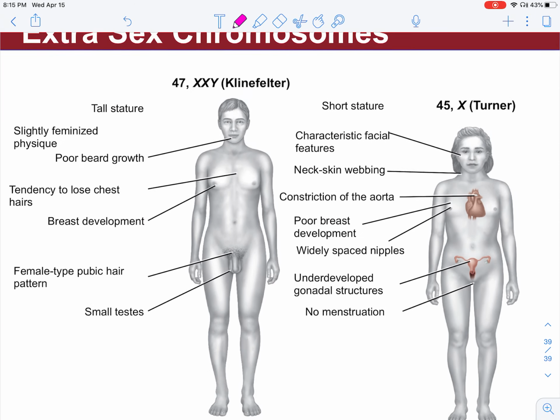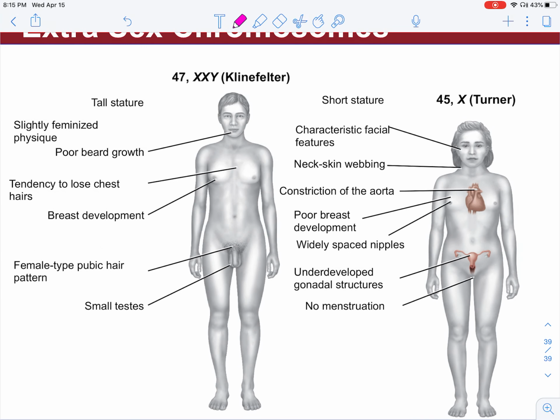And then looking at having extra sex chromosomes here, with Klinefelter syndrome, you tend to be taller, with a feminized physique, poor beard growth, and abnormal genitalia development. Most of these, I believe, are not fertile and cannot reproduce.